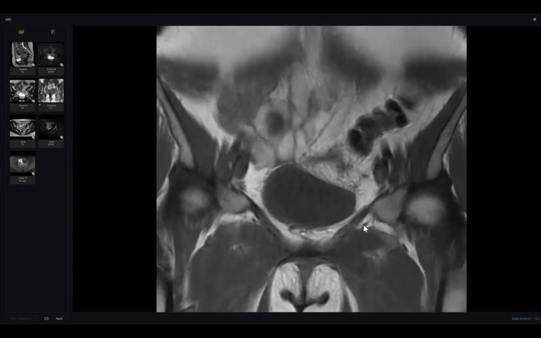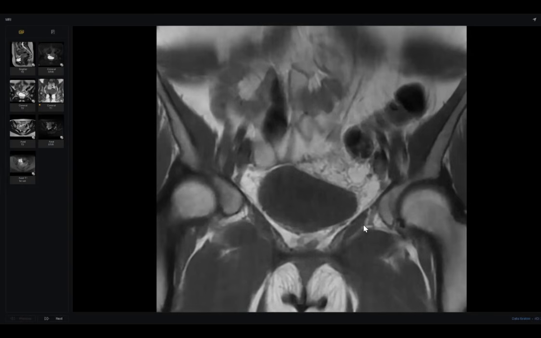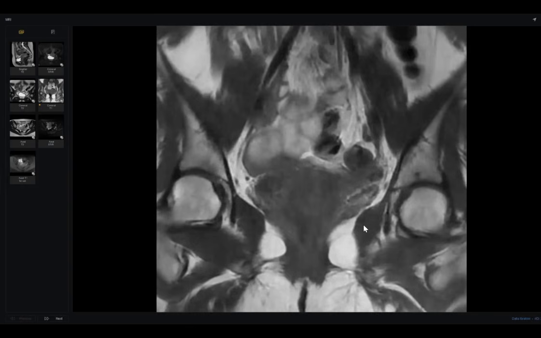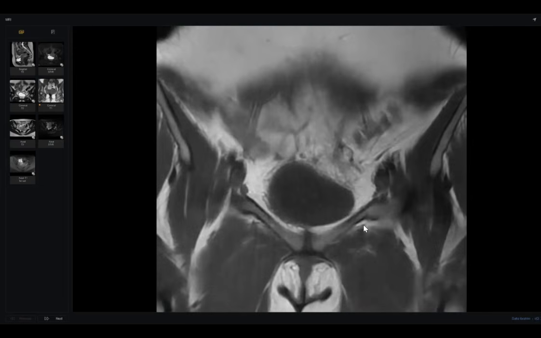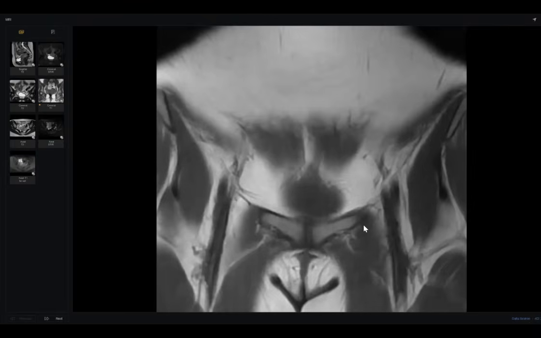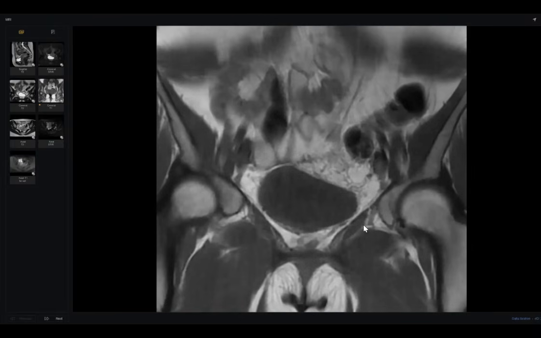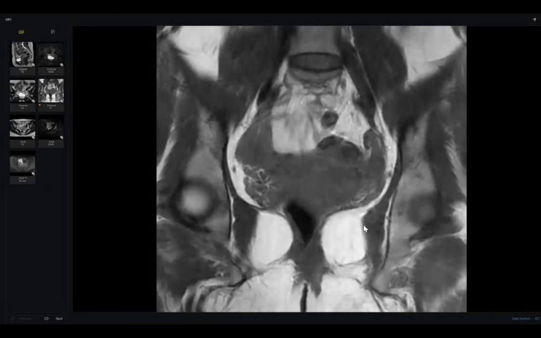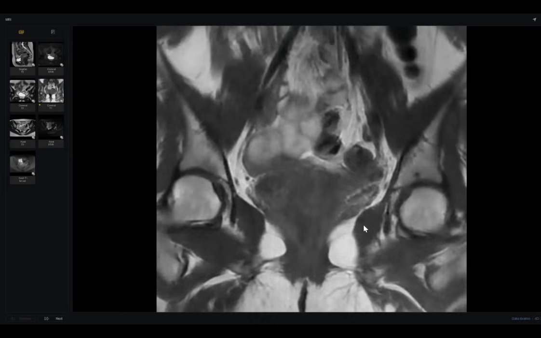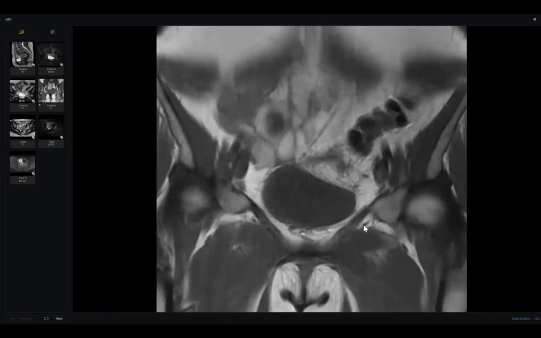By the way, my colleagues, today's session is about the importance of how to scroll by yourself and the importance of orthogonal or MPR views. In other words, you will find your finding either by scrolling or by asking for other MPR.